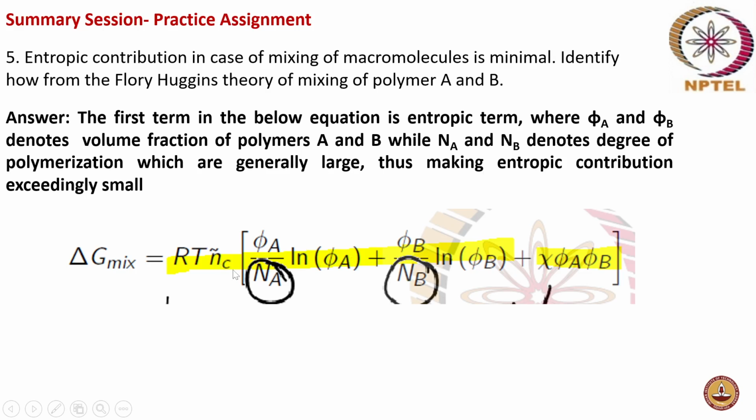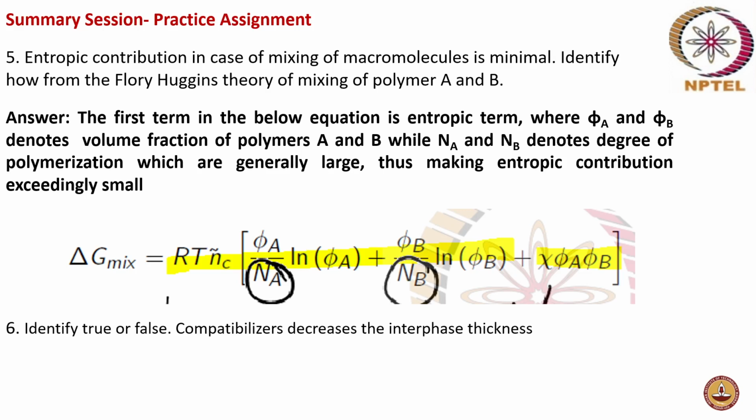In macromolecules and polymers, the degree of polymerization is a higher value compared to the volume fraction, which is nothing but a fraction, a decimal number. So your denominator is a higher value, and you end up with the value of this entire term being very small. So mathematically this term is very small, which implies that the entropic contribution for mixing of two macromolecules is very small.